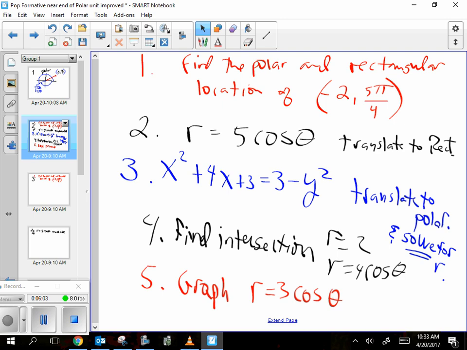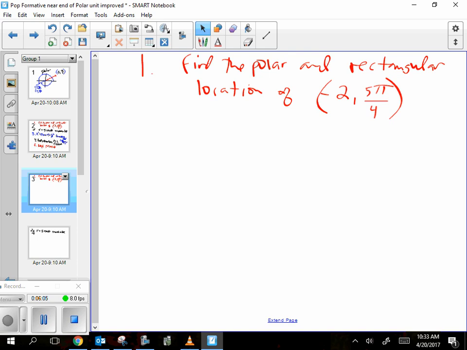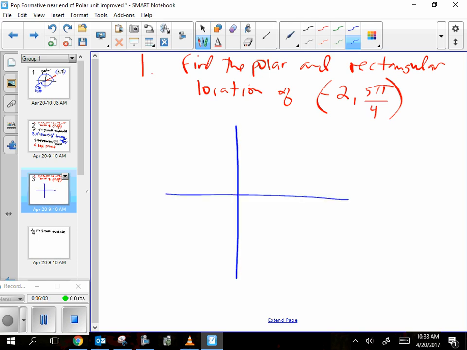All right. So now, here's how you do the first one. I like to think of that point, negative 2 comma 5 pi over 4, as not really existing, because it's a negative radius and you can't graph it on polar graph paper because there's only positive circles going out from the center. If I were going to graph this spot, I would say it's at 5 pi over 4 first.